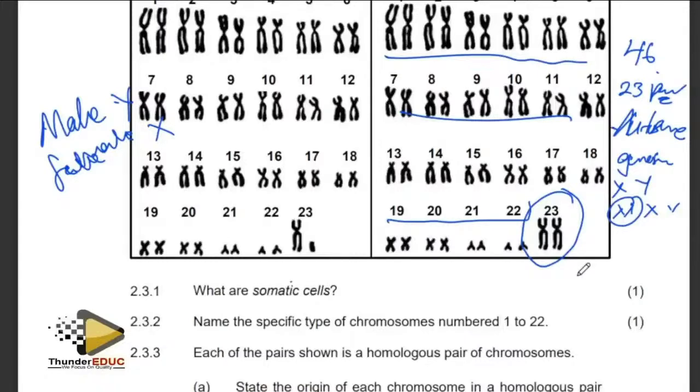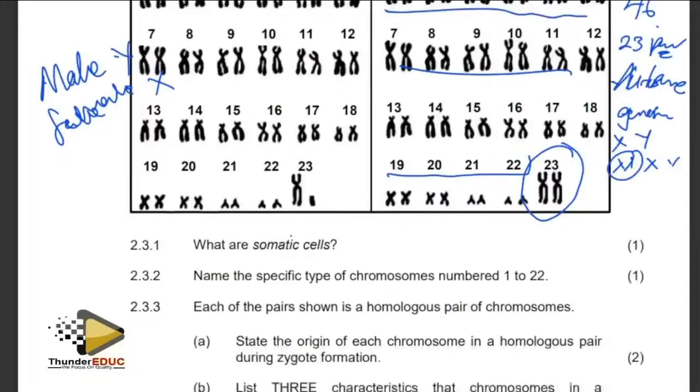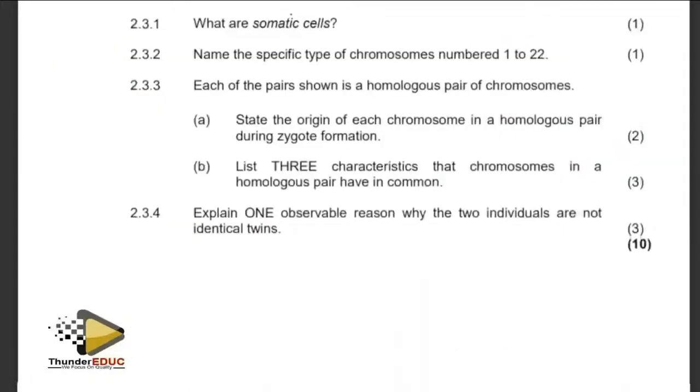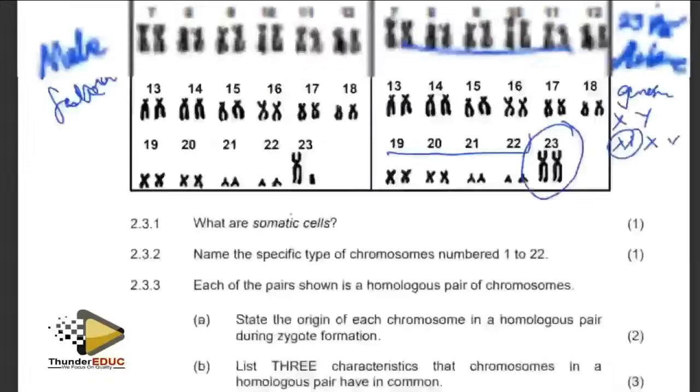If one X sperm fuses with the ovum, it's identical twin girls. If one Y sperm fuses, it's identical twin males. So that's exactly what happens. I think I'm done with the karyotype.